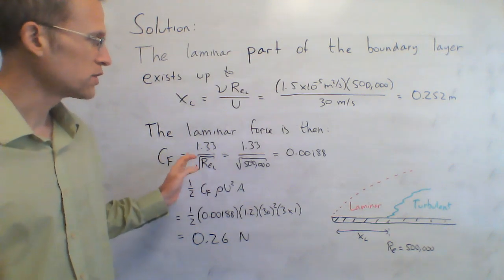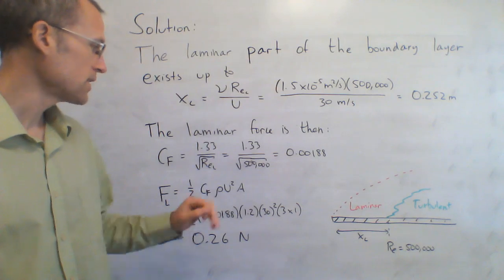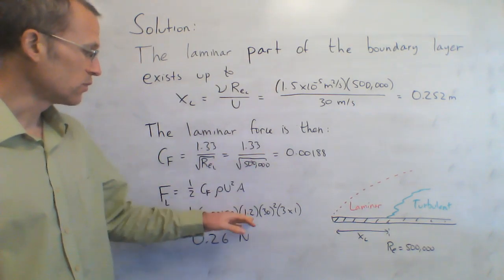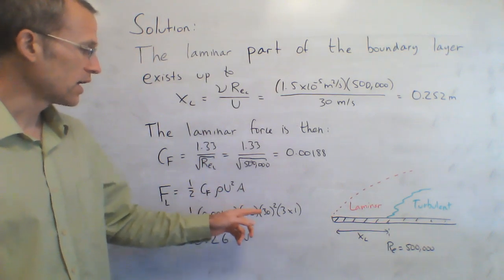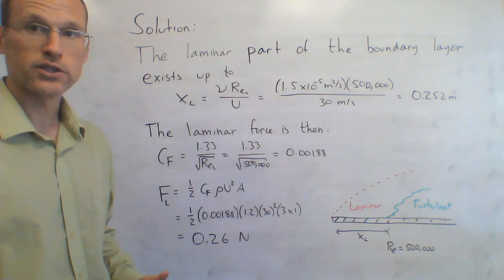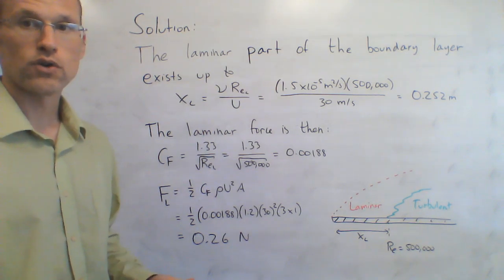So my coefficient of force in that scenario is 0.00188. And then plug that in to find my force. So 1/2 that number, density 1.2, velocity 30, area 3 times 1 gives me a laminar force of 0.26 newtons. So that's the laminar contribution to my overall drag force on this plate.